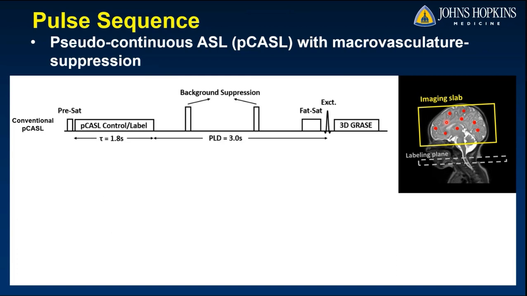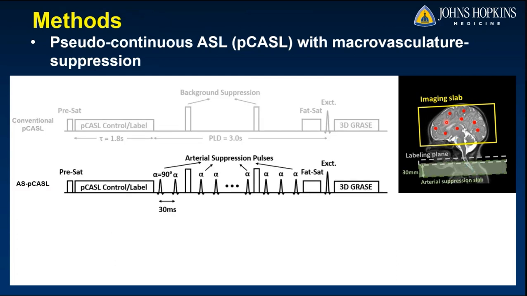In practice, right after the labeling module has ended, we have some unlabeled blood that soon takes its place, and some of it will be concentrated in the large arteries at the time of acquisition. Its contribution to the final signal intensity varies according to the cardiac cycle due to cardiac pulsation, and this will induce signal fluctuation, which we don't want.